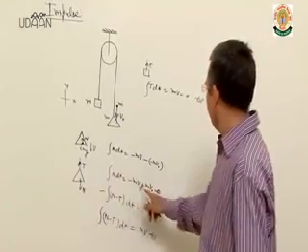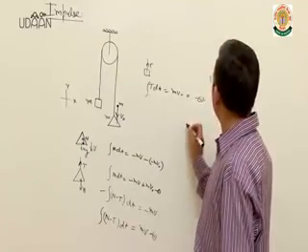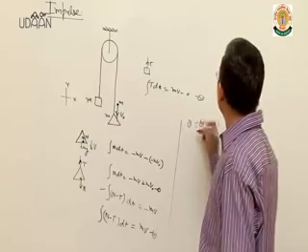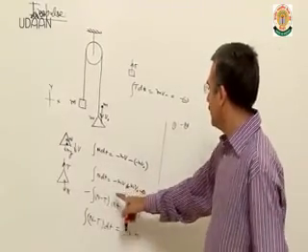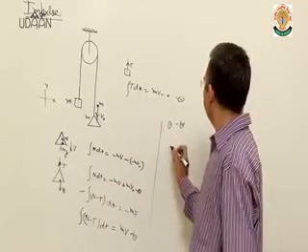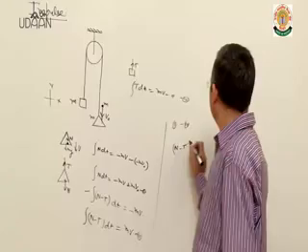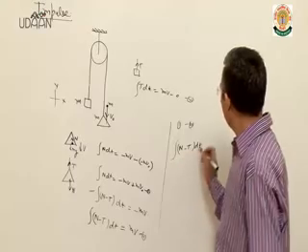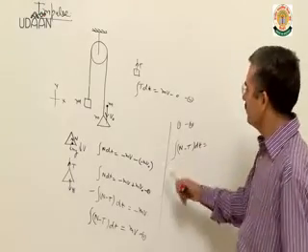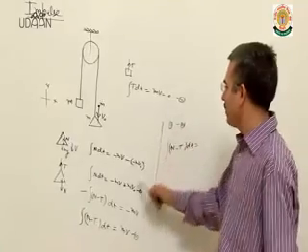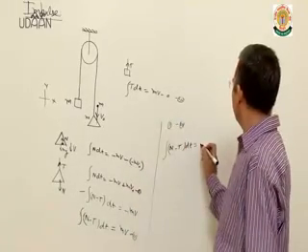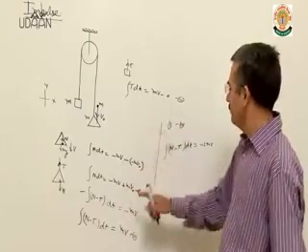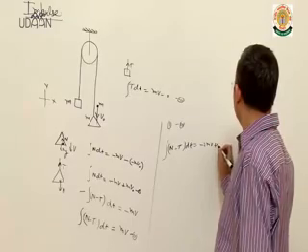From 1 and 3, equation 1 minus equation 3, we will get integration N minus T dt equals equation 1 minus equation 3, minus 2mv plus mv naught.